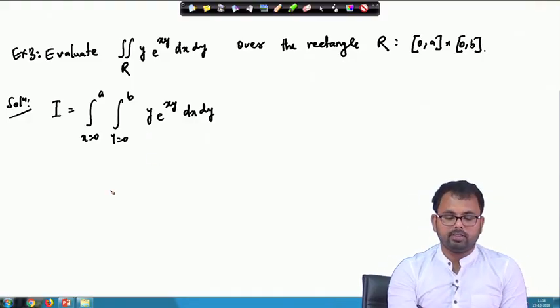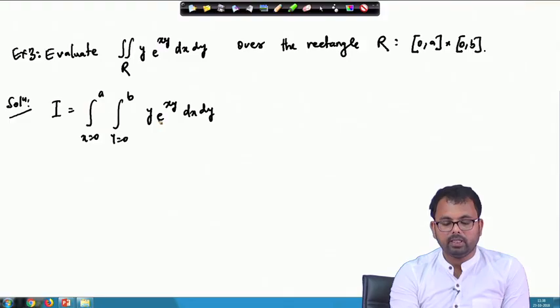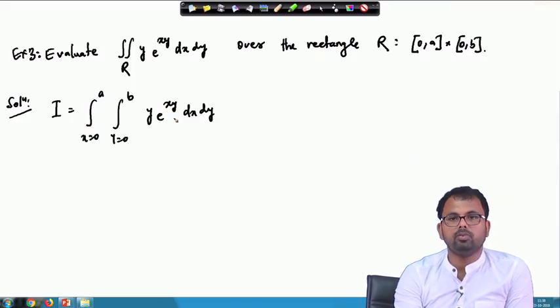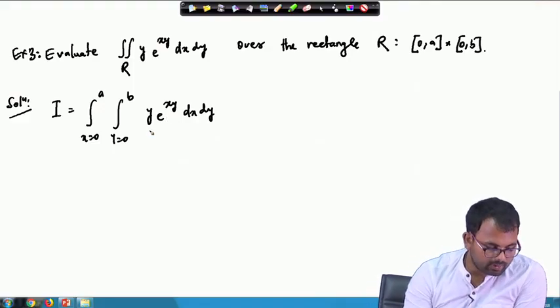And next we see that we have e to the power xy dx dy. So, if I substitute xy as z, let us say, by treating y as constant, then this will be basically our usual method of substitution formula. So, let us see how we can do that.